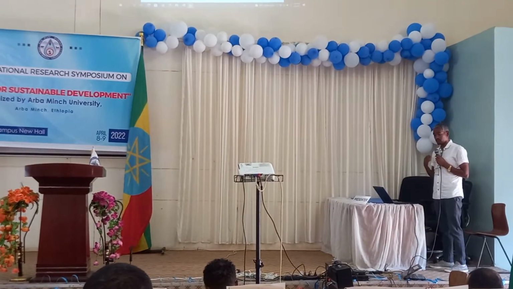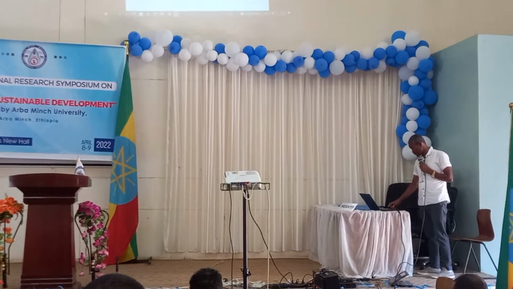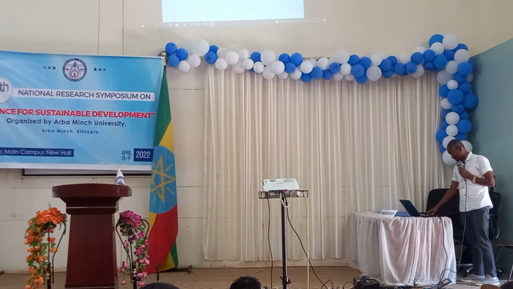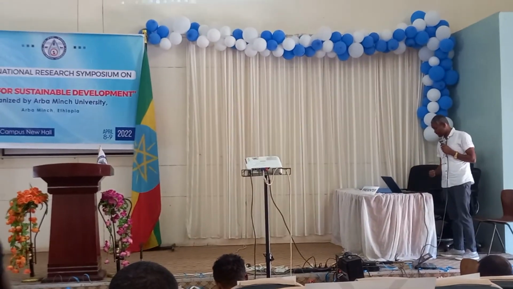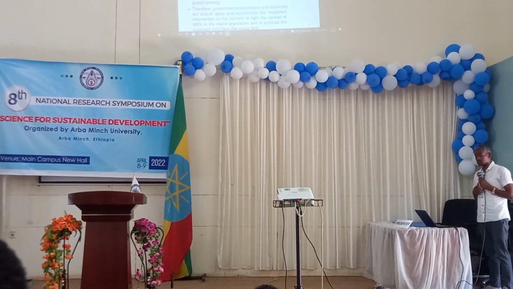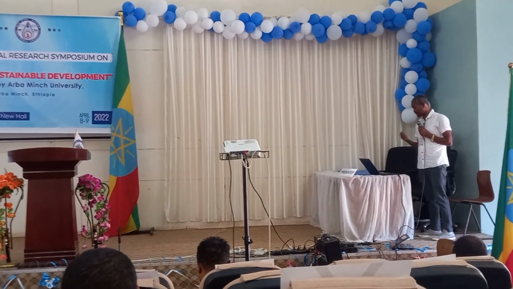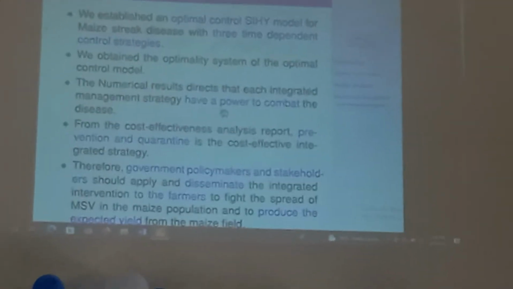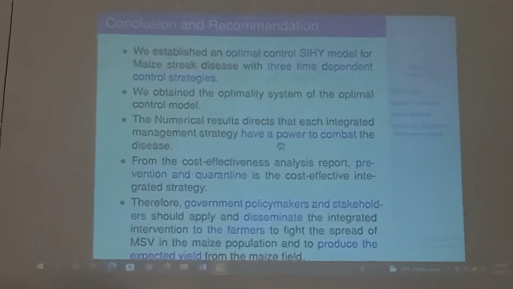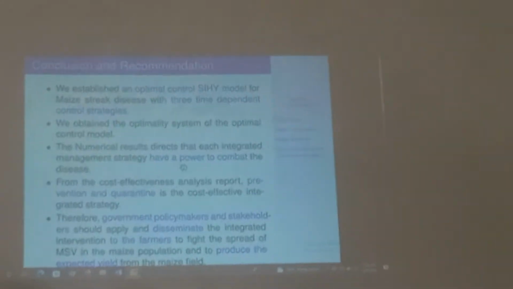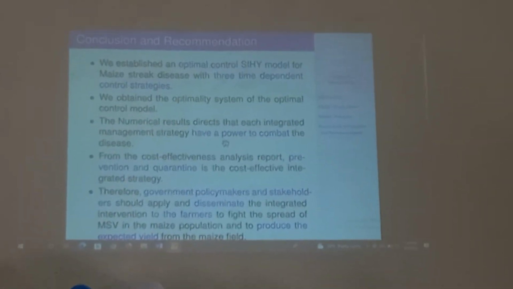So to control the infectious disease in the maize population, as a conclusion, we established an optimal control strategy for maize virus with three time-dependent controls. We obtained an optimal system from the optimal control model, and we analyzed it numerically. From the numerical simulation, we found that each strategy has the power to combat the disease in the community.